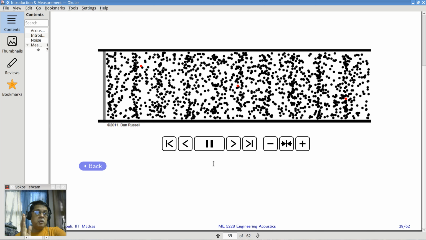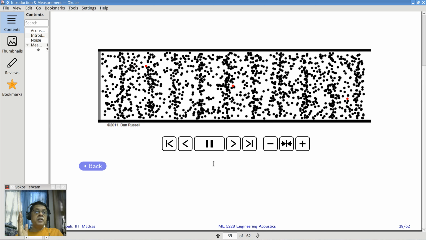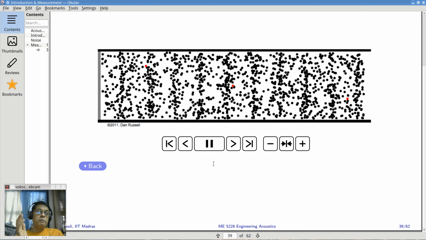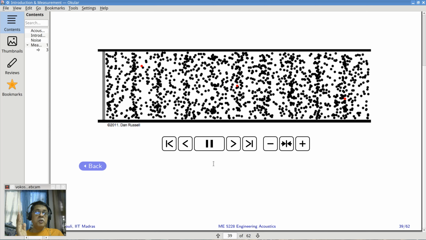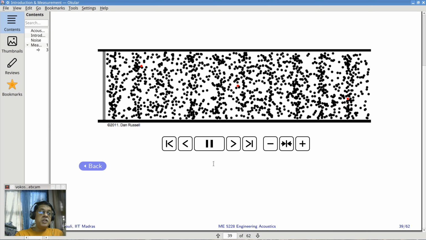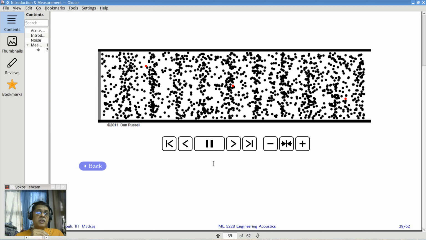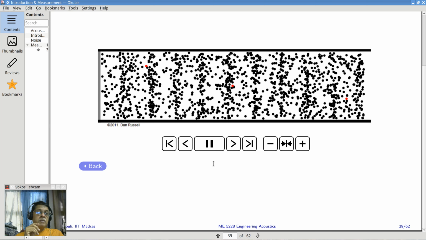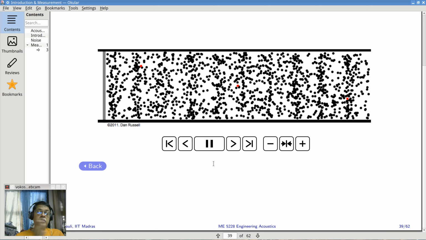I hope you are able to see the wave propagation going from left to right. You can see that energy is propagating, but the particles themselves do not travel with the wave. It is only the energy and momentum associated with the wave that travels.